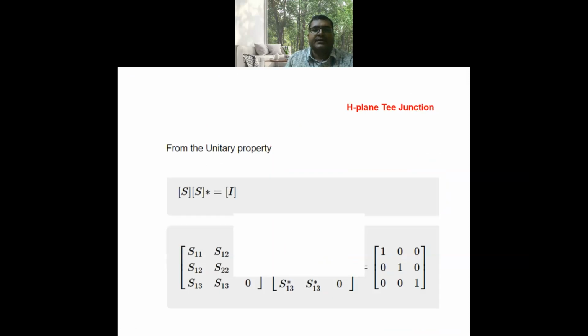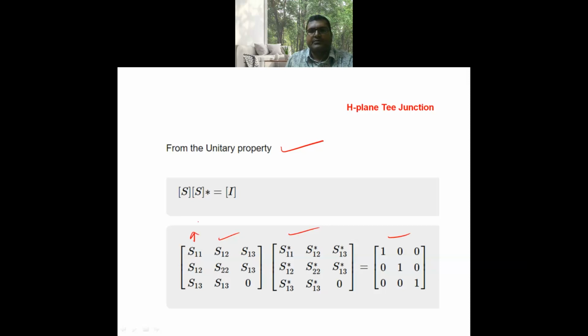The next property we are going to apply is the unitary matrix property. S into S conjugate is equal to I. This is the S matrix we got from equation number 2, from the plane of symmetry, scattering matrix parameters. And now further we proceed with the derivation by expanding this equation along R1C1, R2C2, R3C3, and R3C1.